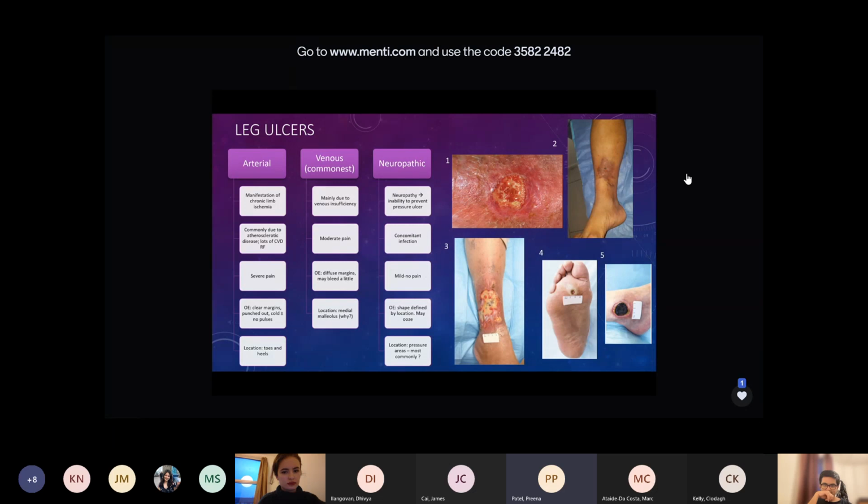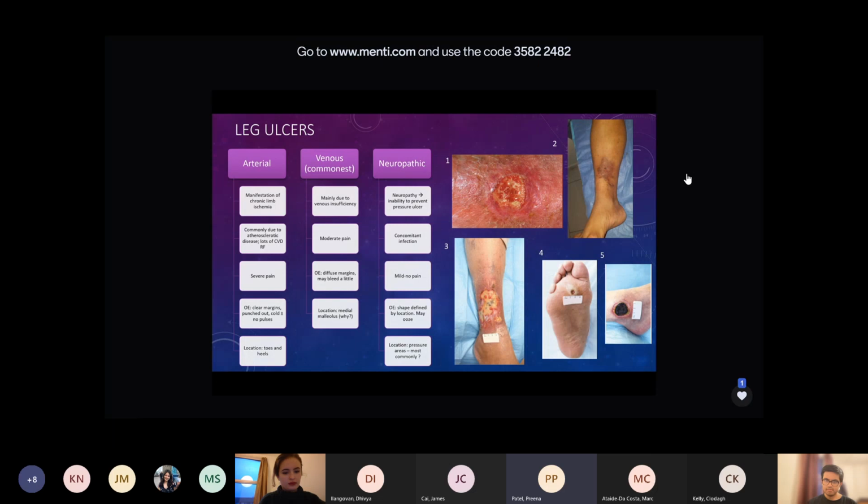The way you can think about it is that it's pretty much a perfect circle, with really well-defined boundaries. That's the main indicator in that one. If you compare that to number two, which I'm just going to tell you is venous, it's a really odd shape. You can't really even see the break in the skin that's beginning, and there's brown pigmentation behind it. So that's venous, number two.